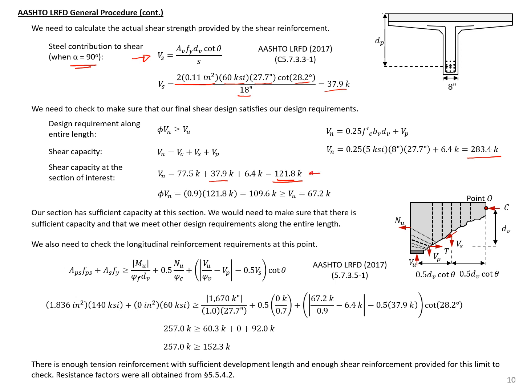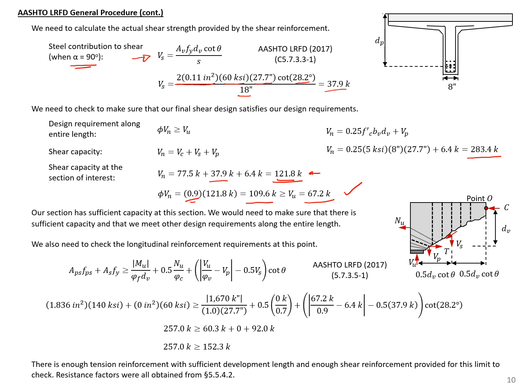So to find the factored capacity, we need to use our resistance factor 0.9, and we'll see that our phi Vn at this point, 109.6, is greater than our Vu of 67.2 kips. So at this point, we have sufficient strength. We need to check along the entire length to make sure that we have sufficient shear strength along the entire length of our beam, which we'll do on the next slide.